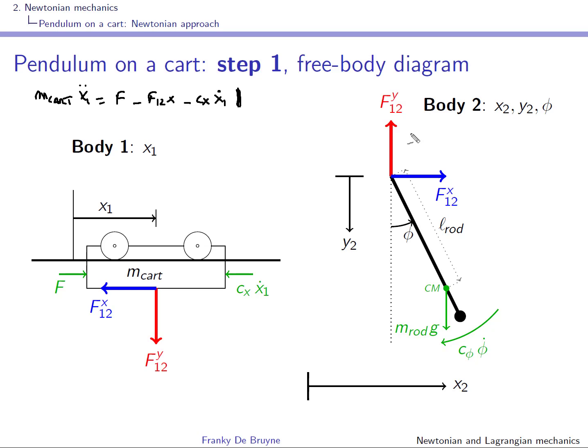So you have the mass of the rod times x2 double dot, and then we have to look at the forces acting in the x direction, and I see only one force in the x direction, and it's of course F_12x.